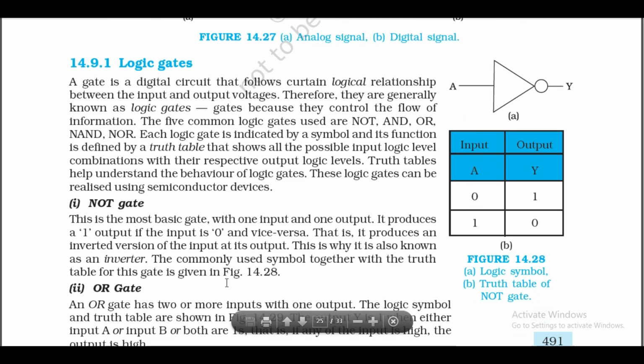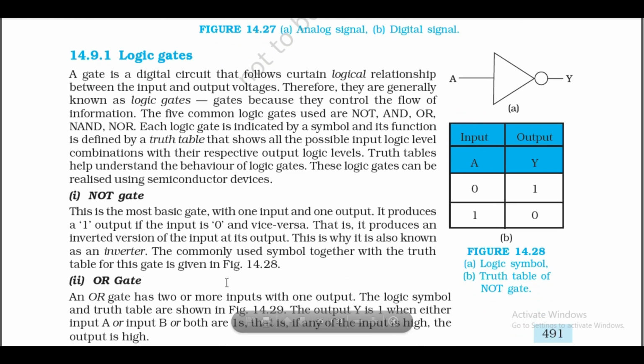14.9.1 Logic gates. A gate is a digital circuit that follows a certain logical relationship between the input and output voltages. Therefore, they are generally known as logic gates because they control the flow of information. The 5 common logic gates used are NOT, AND, OR, NAND, NOR.